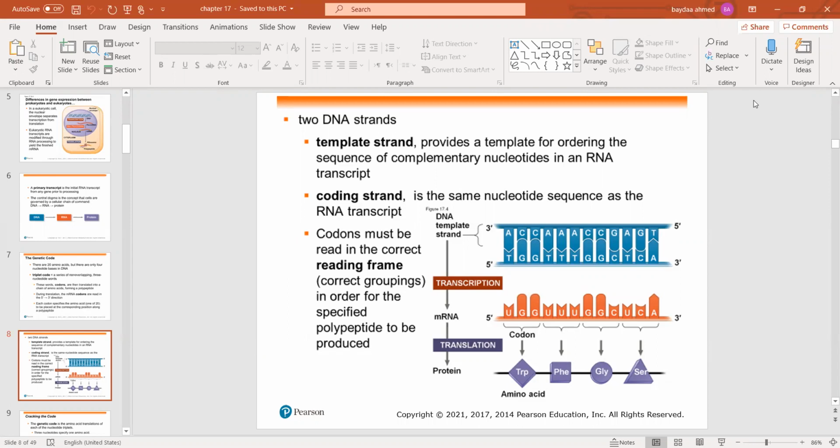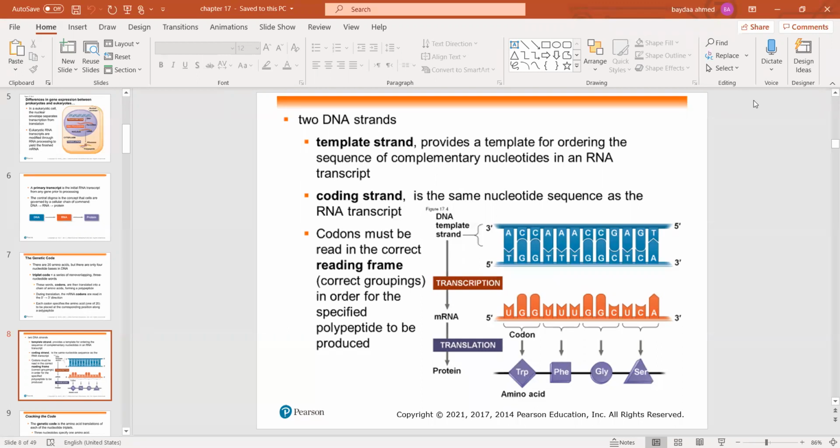is transcribed. The mRNA nucleotide triplets are called codons, and they are customarily written in the 5' to 3' direction. The term codons is also used for the DNA nucleotide triplets along the non-template strand.